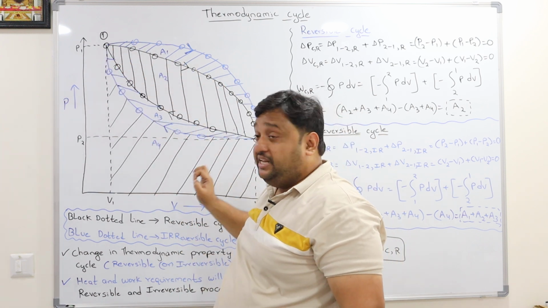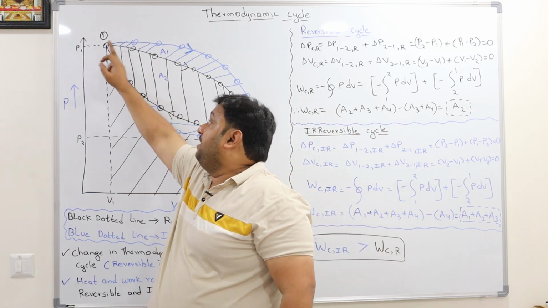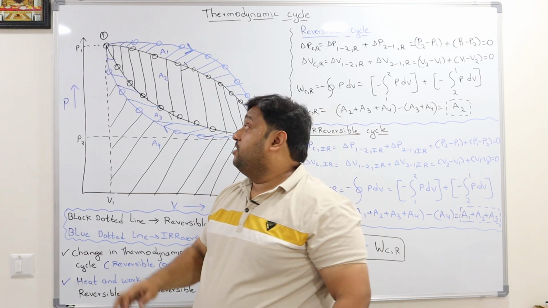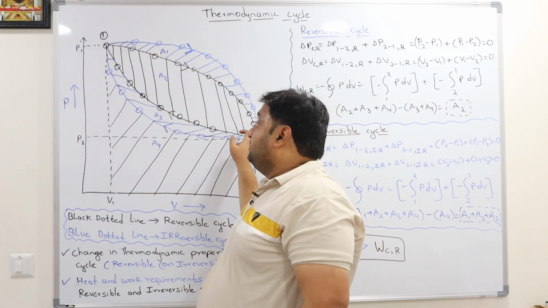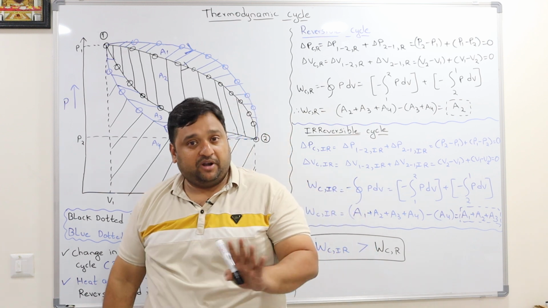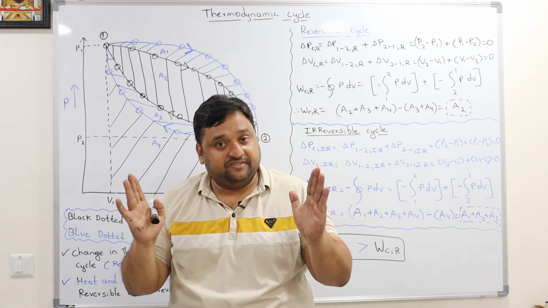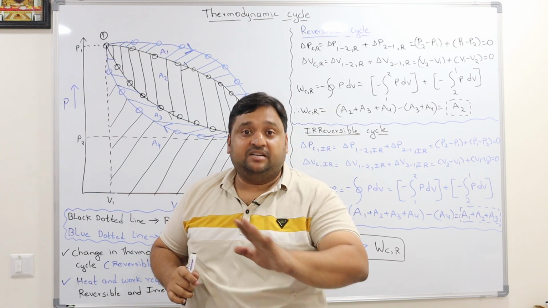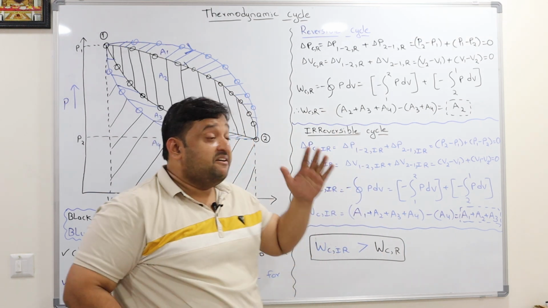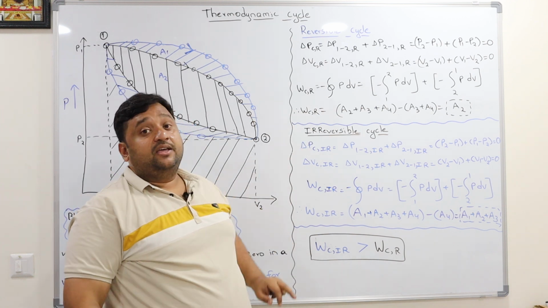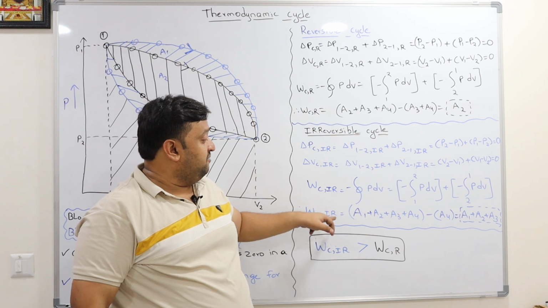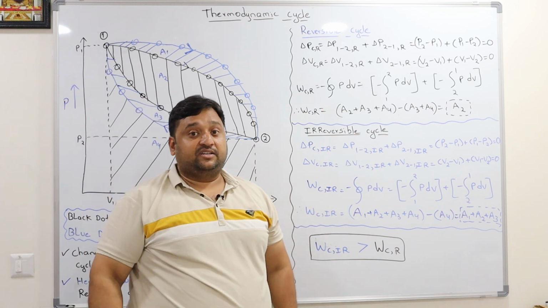So that is why the property change in a cycle is 0, whether it is a reversible one or irreversible one. It doesn't matter whether it has followed a reversible route or irreversible route, whereas the work requirements for the reversible one and irreversible one will be very much different.